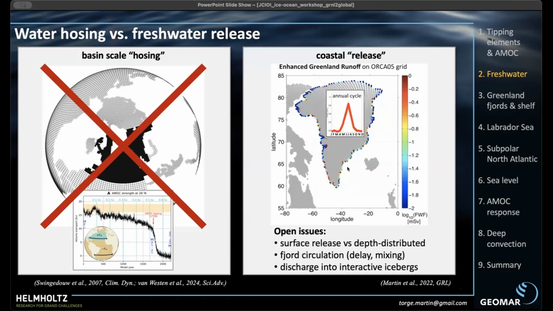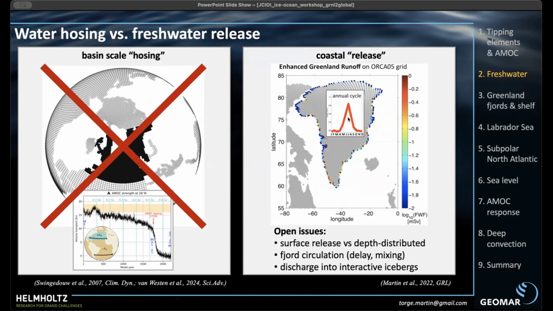What we want to know and what we want to simulate, and where we need the observation community, is to provide a picture of freshwater release and water mass transformation in the fjords, of course, but really freshwater release around Greenland at all these individual locations. And that's, again, derived from Jonathan Bamber's data set here, at high spatial resolution around Greenland, including also the seasonal variability of the runoff and discharge.